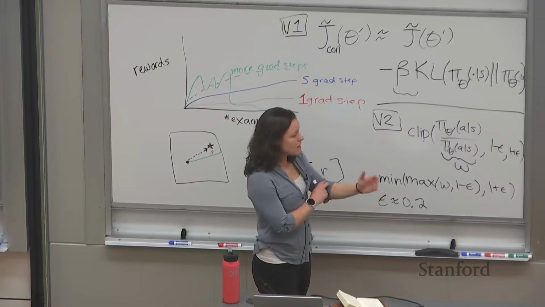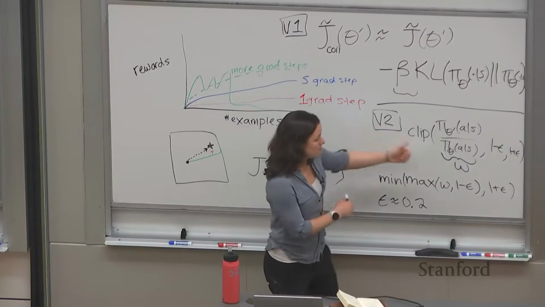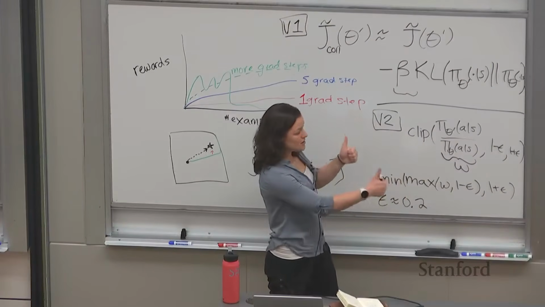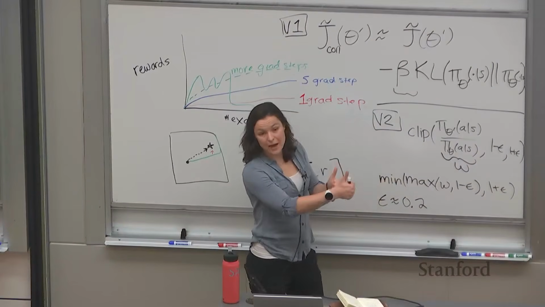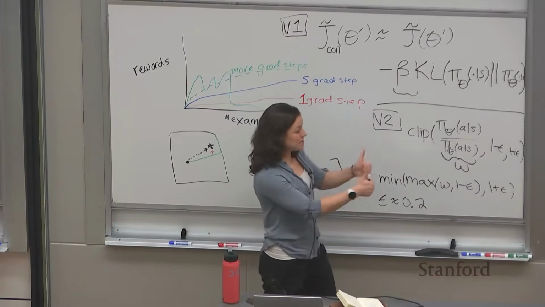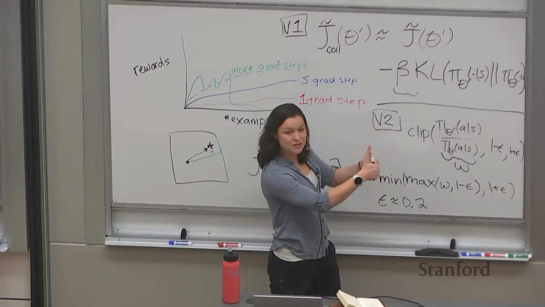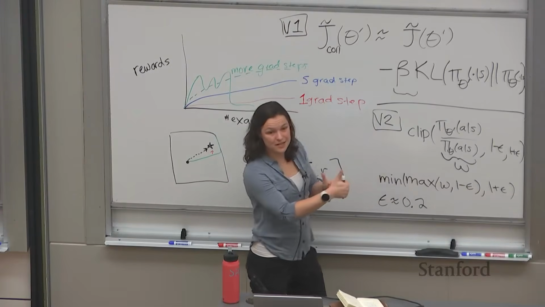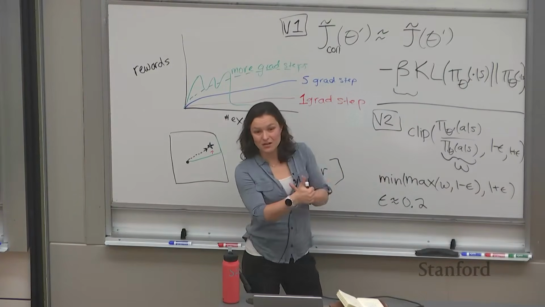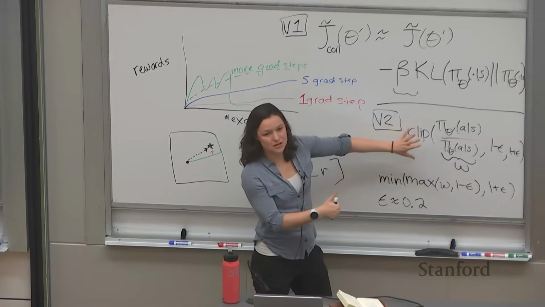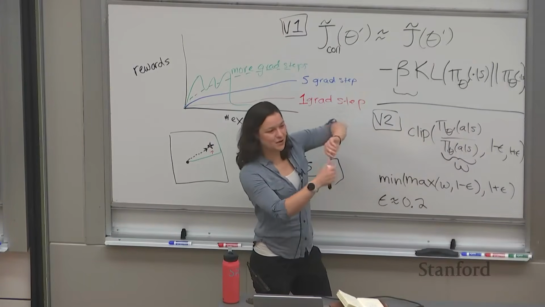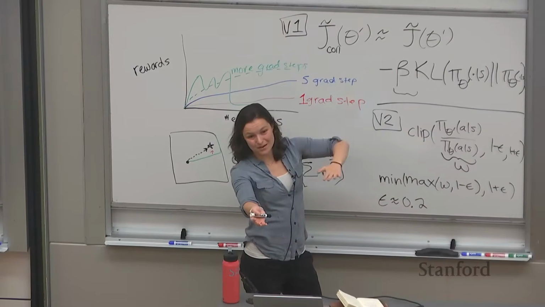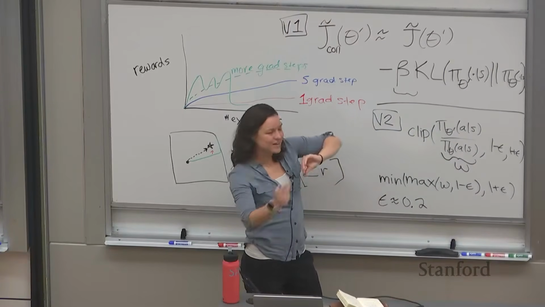But in some rare circumstances, maybe while increasing the probability on the good stuff, there was another advantage with a similar state that was actually really bad, and maybe it increased the probability on both of those. In that case, clipping it at 1.2 for that second one is actually making the objective better. Because you're then saying, okay, maybe it assigned a really high probability to this bad action, and we're then going to clip that at 1.2 or something like that.